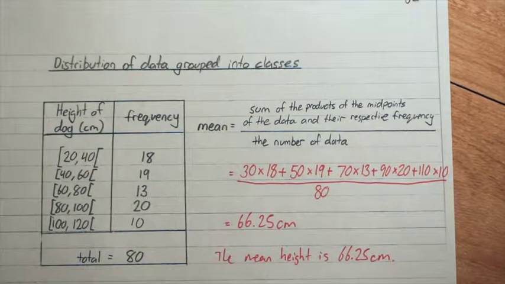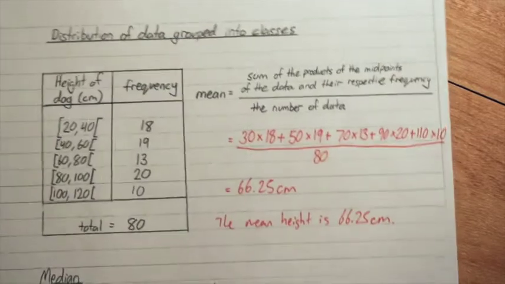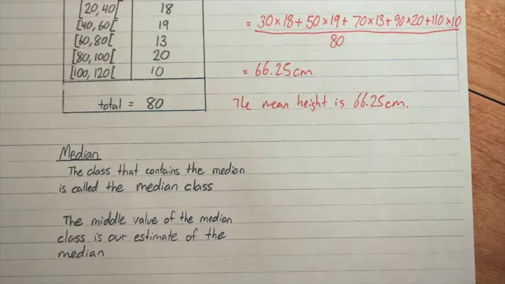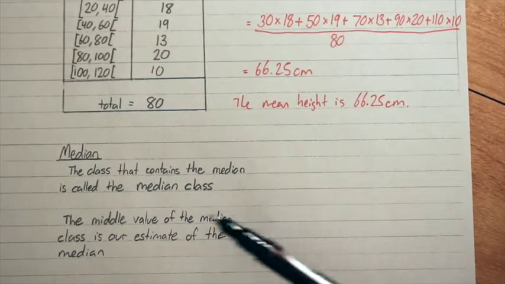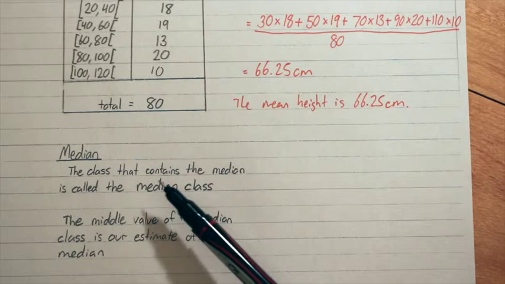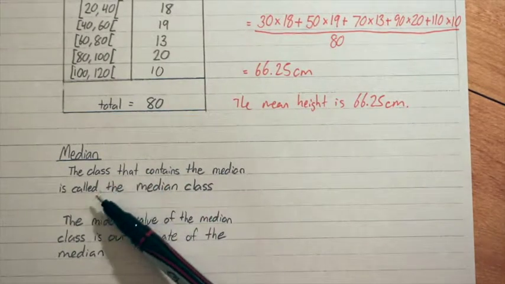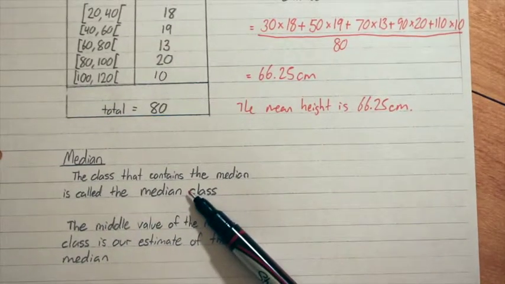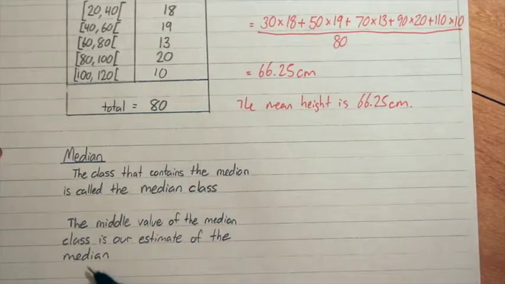Okay, so there's the mean. I think you're getting the idea that it's always about the same task. The median as well, always about the same task, but you're going to see a big similarity here with what we just did. The median says the class that contains the median is called the median class. Alright, so far so good.